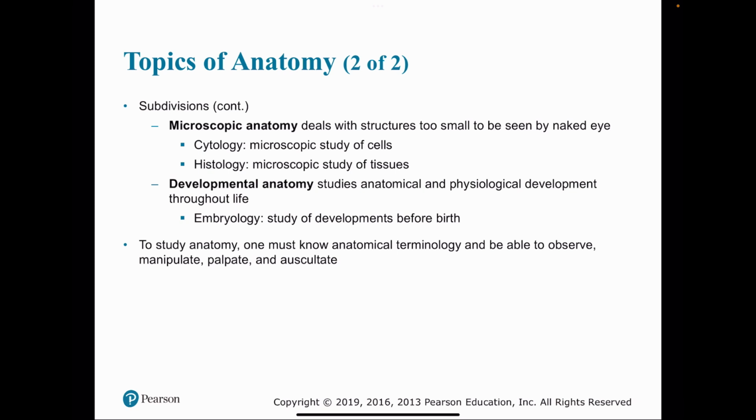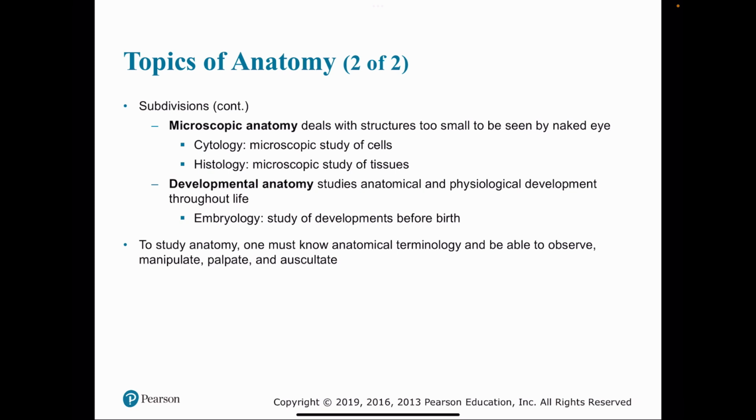And then also developmental anatomy. This would be the anatomical and physiological development seen throughout life. So embryology would be a good example of this, the study of developments that happen prior to birth. And just to keep in mind too, to study anatomy, one must know anatomical terminology and be able to observe, manipulate, palpate, and auscultate.